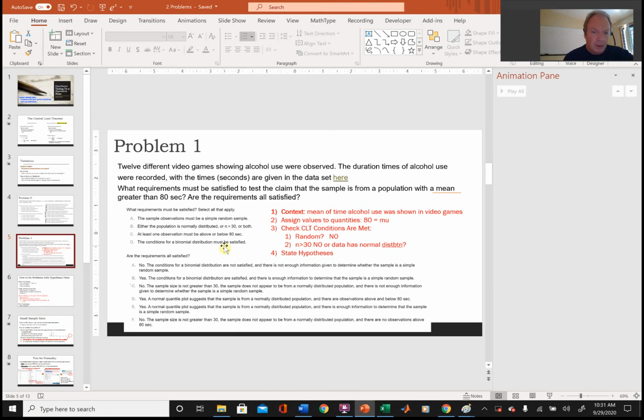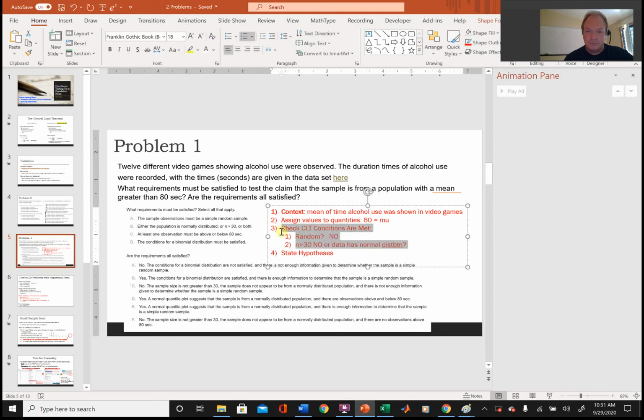No. At least one observation must be above 80. I'm sorry, which requirements must be satisfied? It's actually the first two, right? I was thinking which ones were satisfied. Okay, so this is just checking the first two conditions right here. So it's just the first and the second.